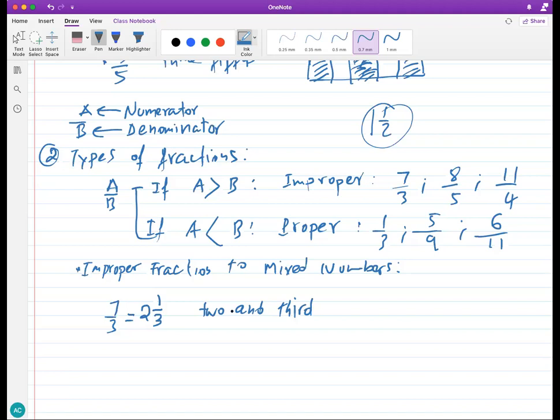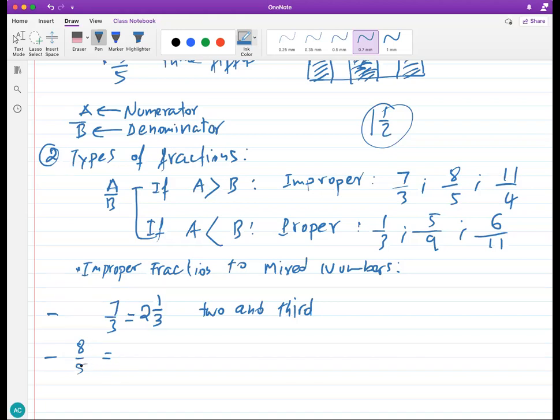So let's say if this was pizza, you're going to take 2 whole pizzas, and then you cut 1/3 of the other pizza, in order to get this fraction. Okay, so that's how you turn improper fractions into mixed numbers. Let's also take the other one here, 8/5, and turn it into a mixed number.